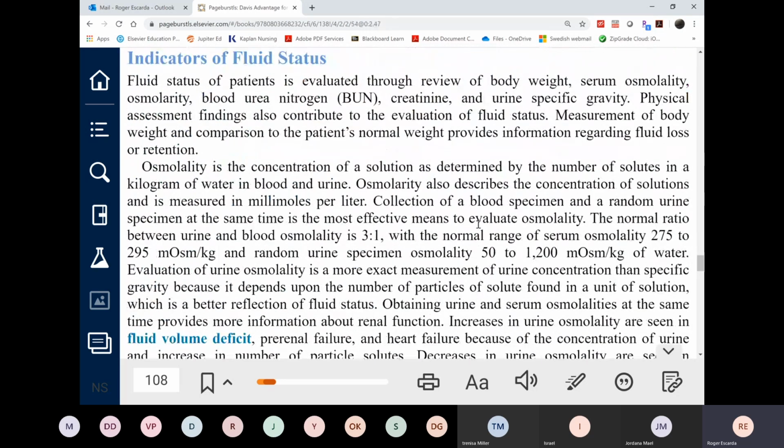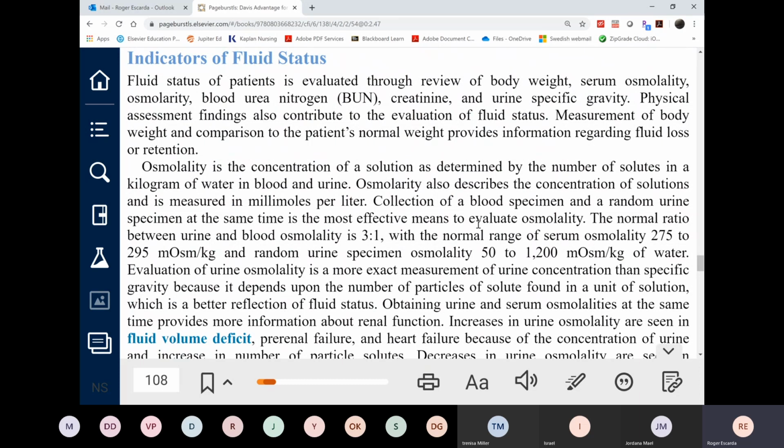Let's go now to the indicators. Now let's finish this because this will not change. When we go to SIADH and diabetes insipidus, the findings are the same. Okay, meaning you won't assess something else. So whether you have a case of fluid volume deficit or a case of fluid volume overload, you will look at the same indicators.